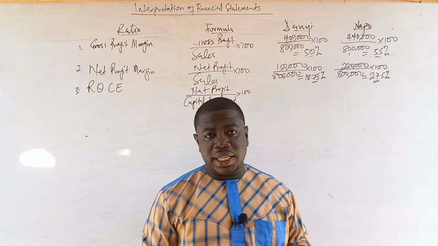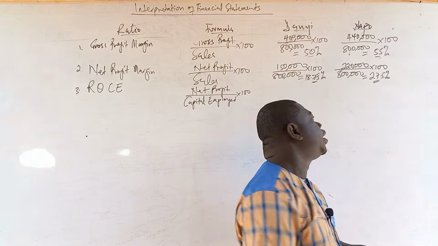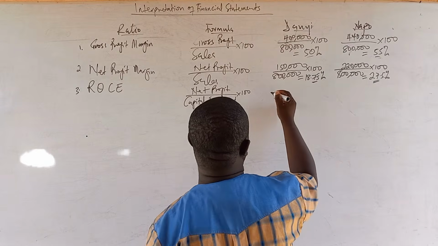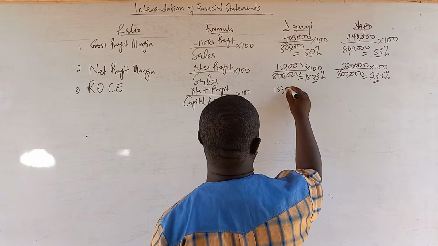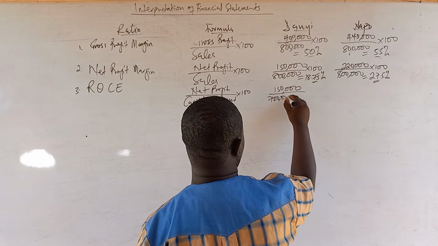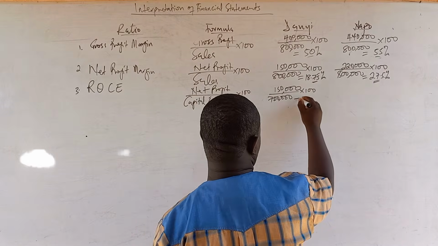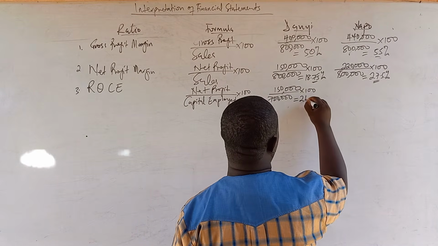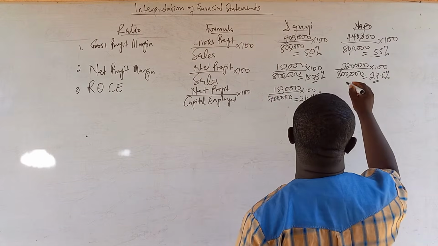Now, from the question, capital employed is 700,000 for both companies, okay? And so we say that the net profit of Danny is already known to be 150,000 over 700,000 times 100. And that is going to give us 21.43% for Danny.